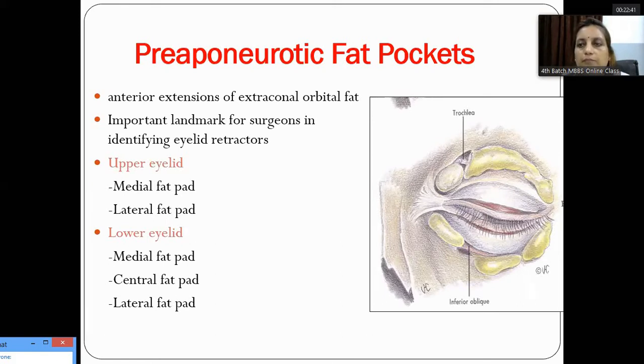Pre-aponeurotic fat pockets are anterior extensions of the extraconal orbital fat. It is an important landmark for the surgeon in identifying the eyelid retractors. The upper eyelids have a medial fat pad and lateral fat pad, and the lower eyelids have a medial fat pad, central fat pad, and lateral fat pad.